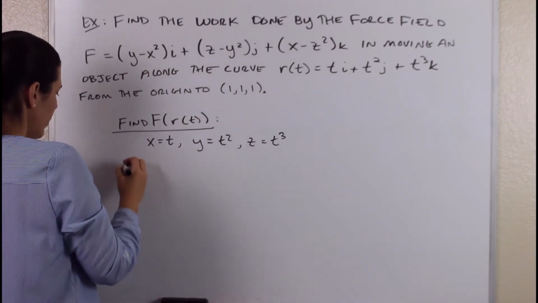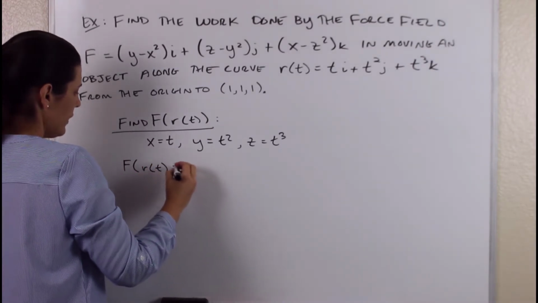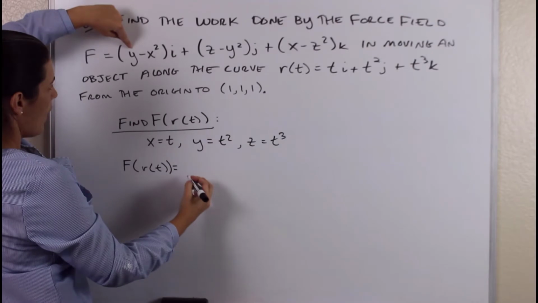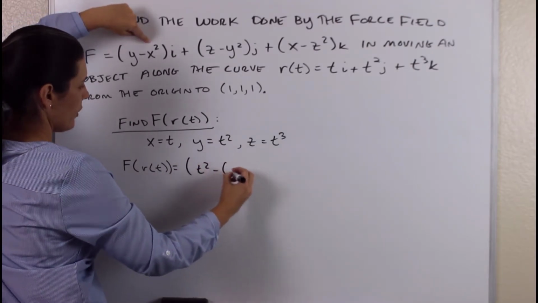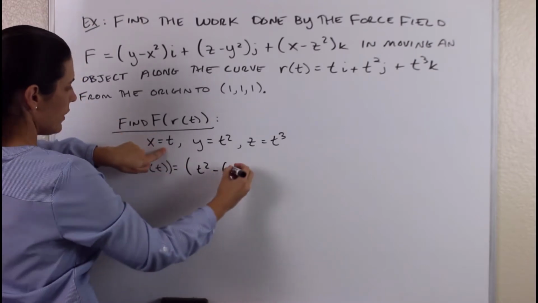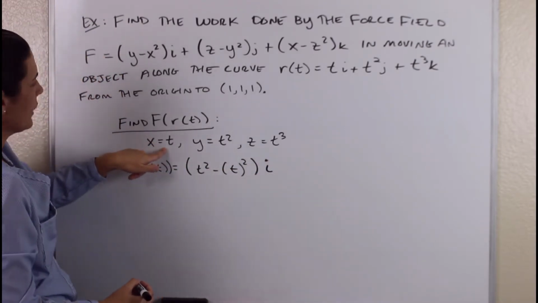F of r of t is y, which is t squared, minus x squared, which is t quantity squared, and that's our i component.